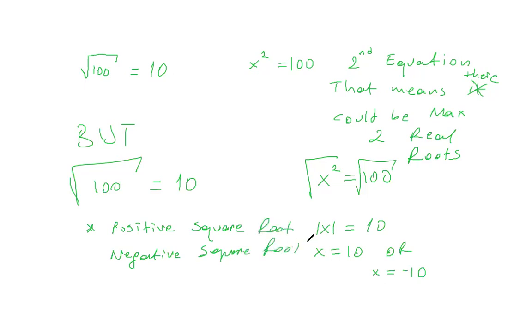With respect to this definition, the positive square root is 10 and the negative square root is negative 10, but unfortunately we are not using this in any book anywhere. So we just say that the square root of anything is always a positive number. This is the default, de facto.